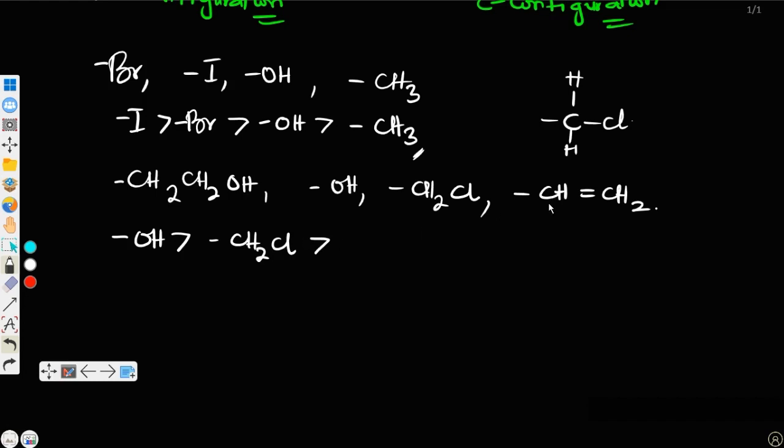After this, which of them will be the next? This one, right? Do you know why this one will be the next? Because if you consider this particular one here, it is carbon bonded to hydrogen, hydrogen. Then before you have carbon to hydrogen, then you have OH. Consider it from this side. Now how about this one?